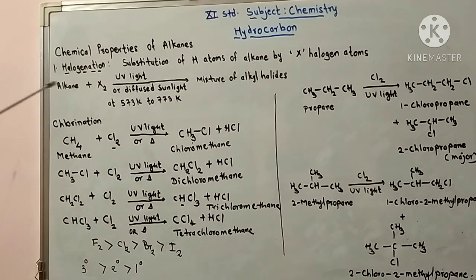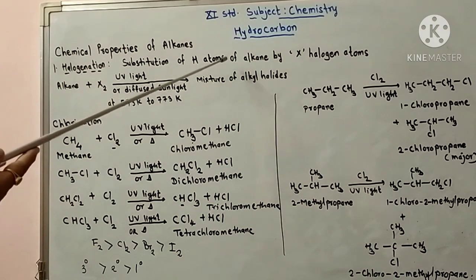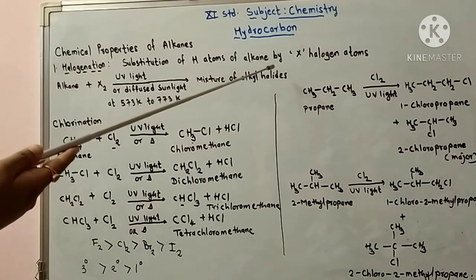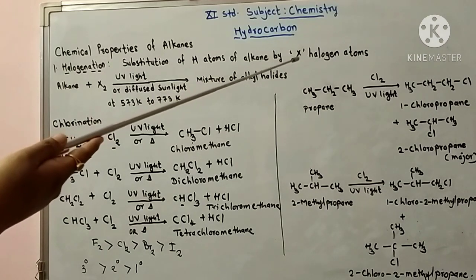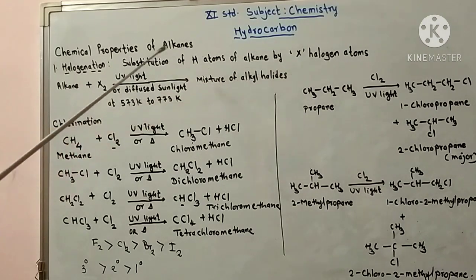So halogenation is a type of substitution reaction. Here, substitution of hydrogen atoms of alkane by halogen atom X is called halogenation of alkanes.